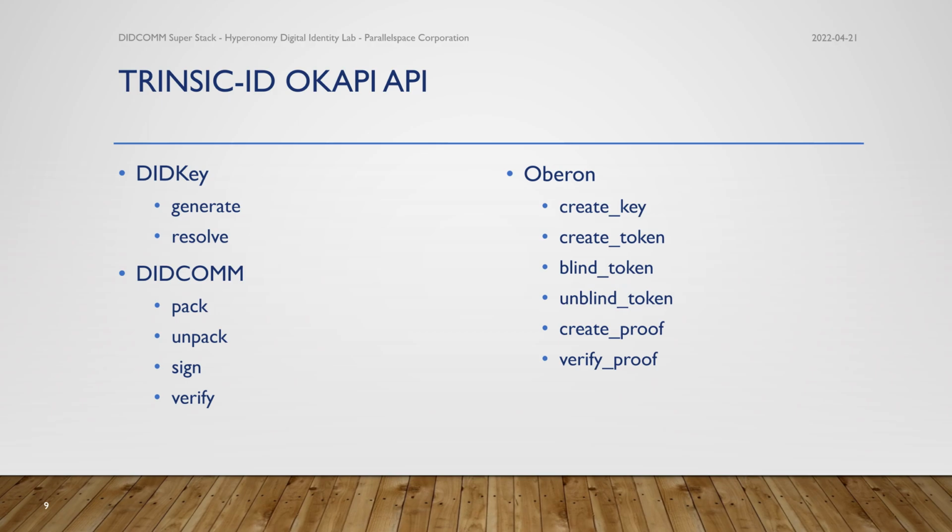The Trinsic APIs or libraries support these basic capabilities: the ability to create keys and decentralized identifiers using the DID::key DID method space, the ability to create DIDCOMM compatible messages, so the ability to pack and unpack messages, the ability to encrypt and decrypt those messages, the ability to sign and verify those messages.